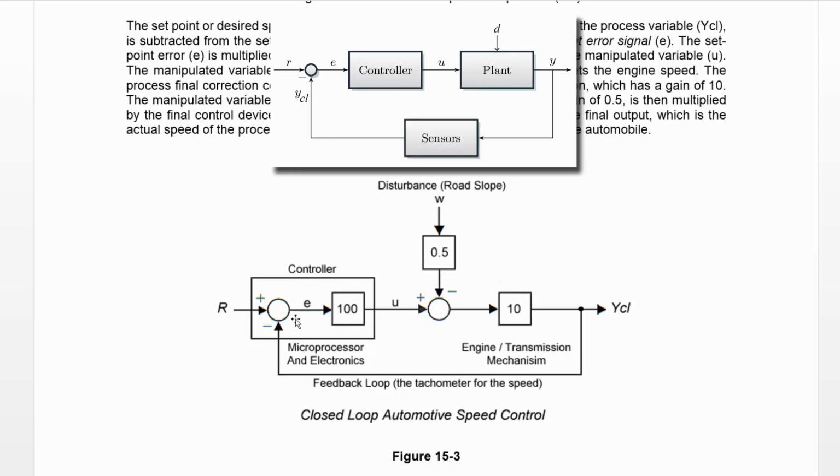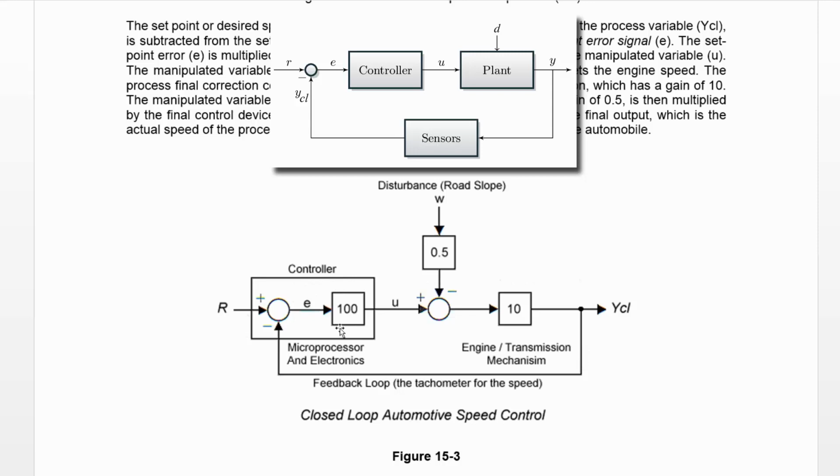So if we take that same drawing, our plant has a gain of 10, and our controller has a comparator, and it has a gain of 100. Now, when you get into really high gains in proportional only control, you tend to get oscillations.